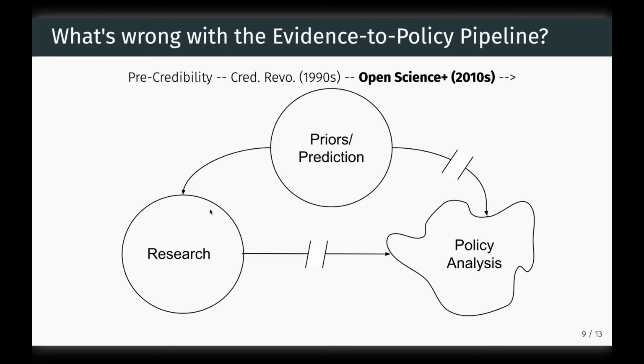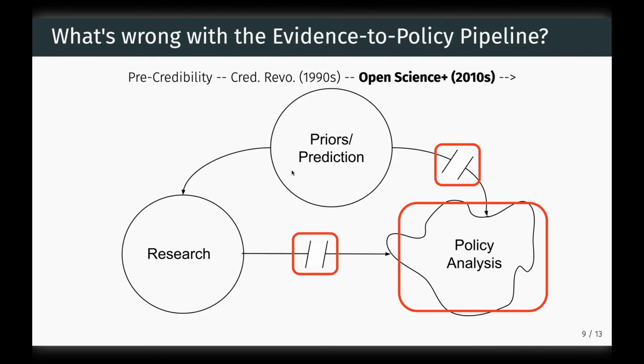The interaction between the two of them is much more clear, and that contributes to this evidence to policy pipeline. But nonetheless, these three big gaps remain. Policy analysis and its connection with these other pieces has remained opaque, and I think that's the core motivation for focusing on transparency in policy analysis.